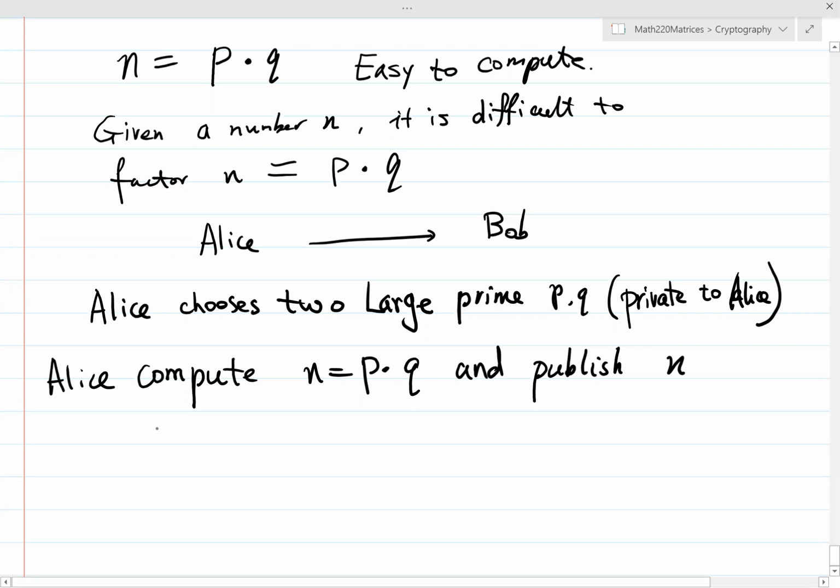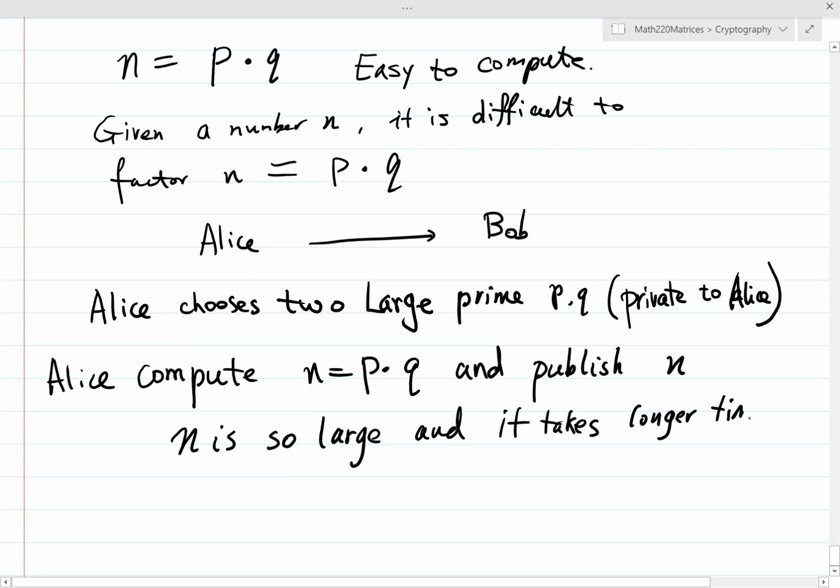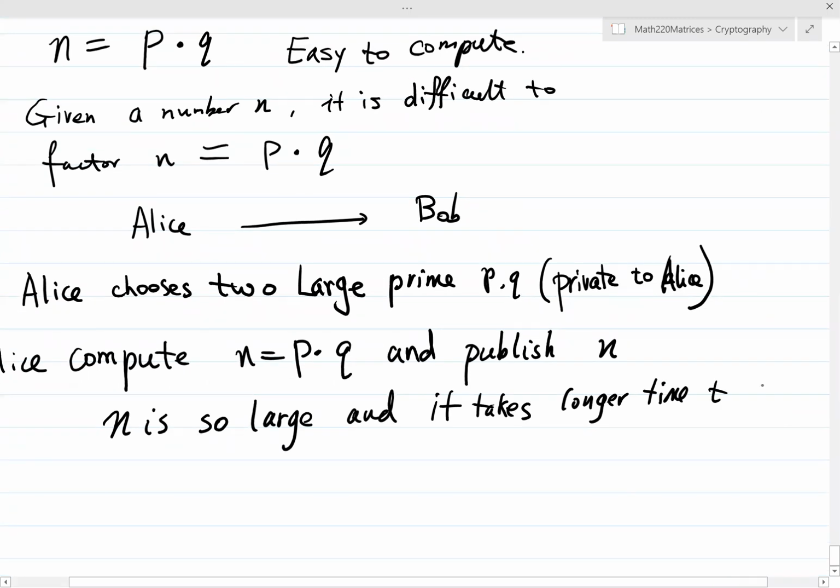So n is so large that it takes forever to factor. It's possible that the time is longer than the life of the universe with the current computation power.